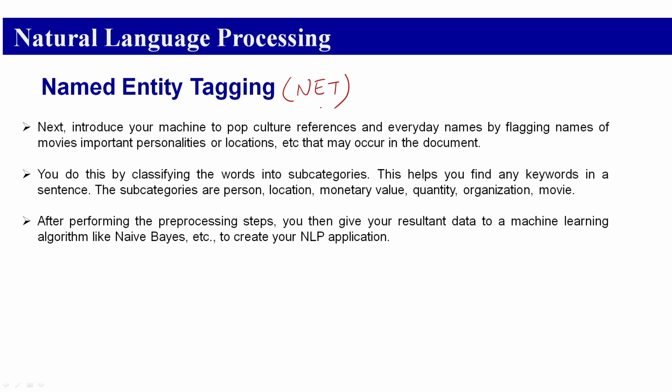After performing these preprocessing steps, you can give the resultant data to a machine learning algorithm like Naive Bayes to create an NLP application. So, like named entities, a named entity is any object that can be referenced by a name, person. NER systems are trained to recognize these objects and sort them into helpful classifications. Okay.